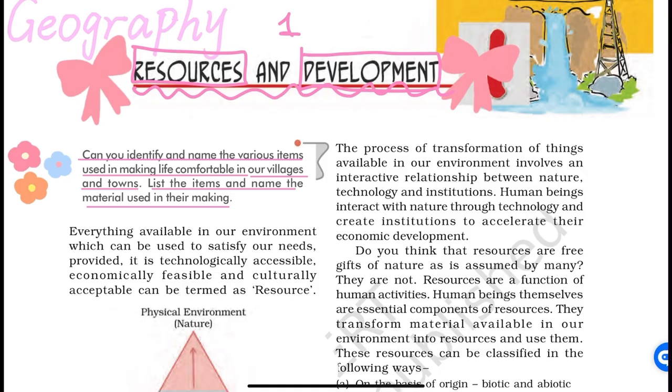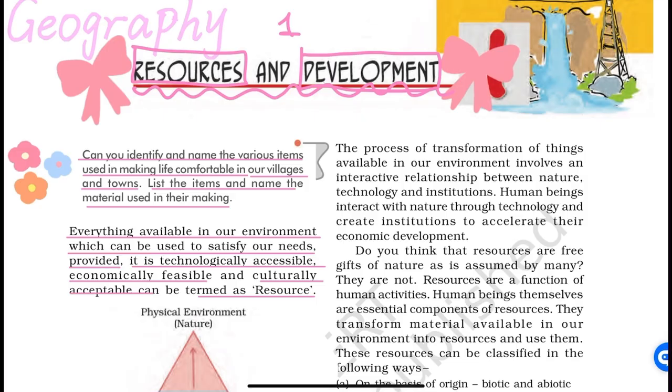That is, everything available in our environment which can be used to satisfy our needs, provided it is technologically accessible, economically feasible, and culturally acceptable, can be termed as a resource.